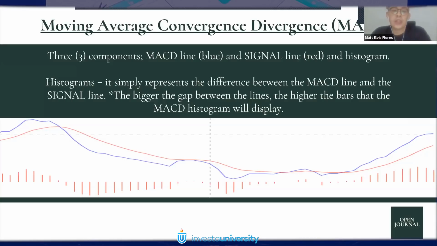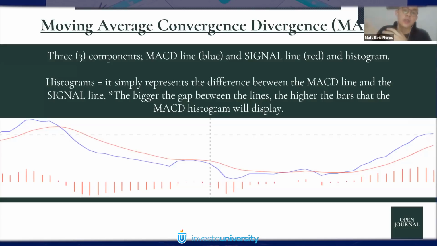So again, yung MACD line, which is the blue line, yan yung very important. Diba? So dapat dyan tayo nakatingin. Kasi dyan mo nakikita yung strength. Meaning yan yung strength ng isang stock. The signal line, it's more of a sign na may weakness na yung isang price movement, diba?